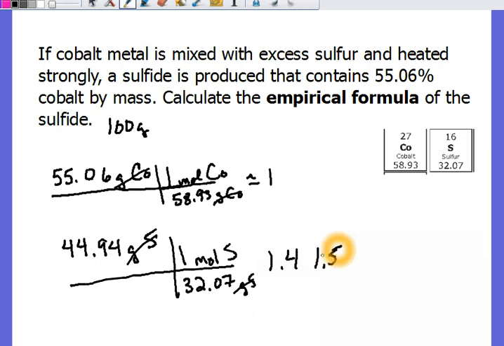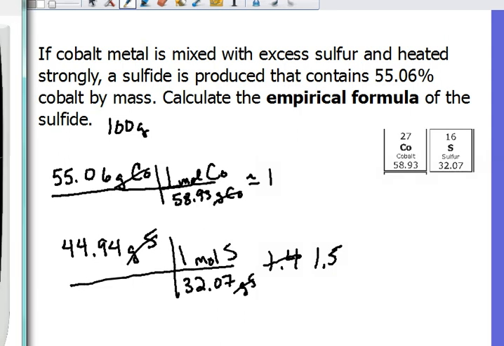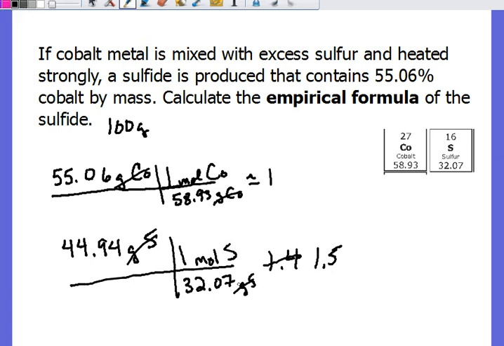So if you take this number, 0.93, you divide that into the smallest one. 0.93 is the smaller one, and you'll see that that ends up being 1, and this is like 1.5.